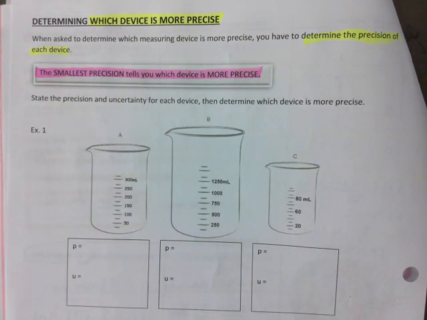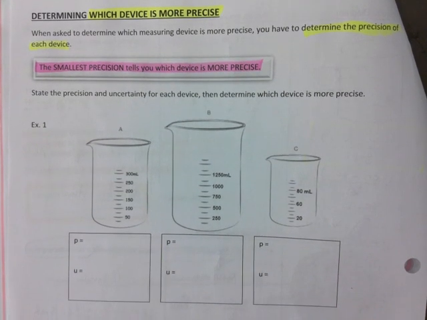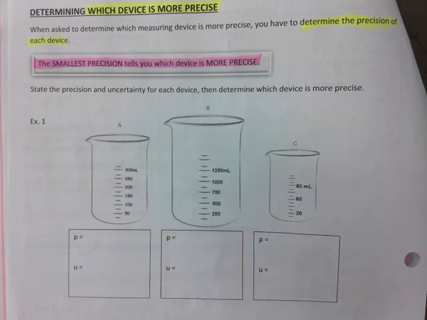The smallest precision tells you which device is more precise. The smaller the increment, the better. I think you would all have to agree you would want to go with the number that has the most decimals. The more decimals it has, or the smaller the markings it goes up by, the better it is.